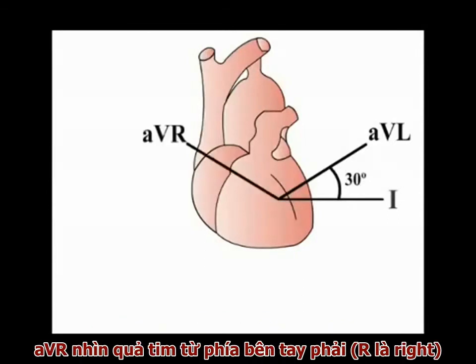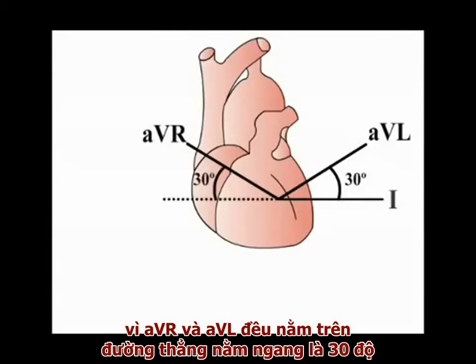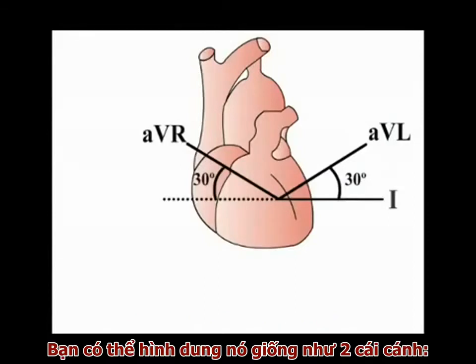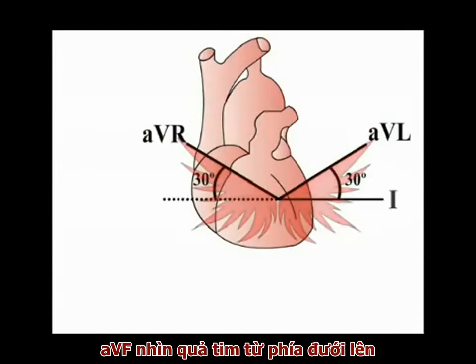AVR looks at the right side of the heart, R is for right, and just like AVL, it is 30 degrees above the horizontal relative to lead 1. As AVL and AVR are set at 30 degrees off the horizontal plane, you can think of them as the left and right wings of the ECG.